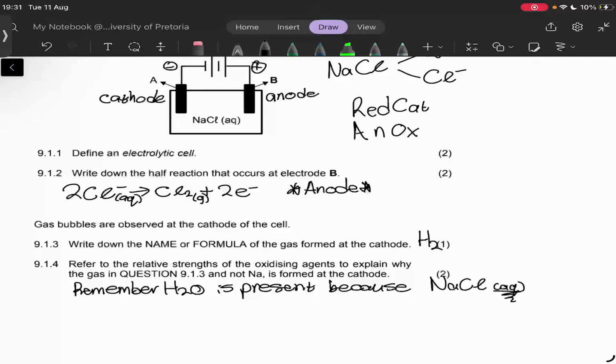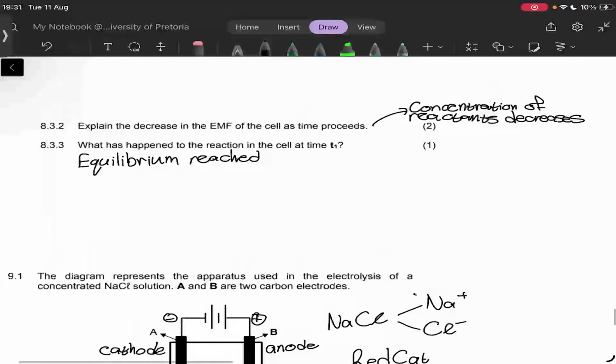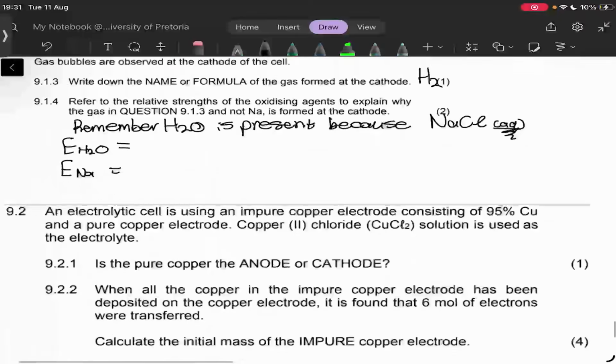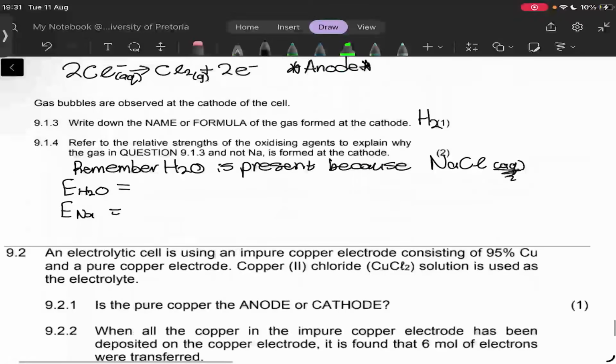Cool. Let's get the electrode potential of H2O. Let's get the electrode potential of sodium. What's the electrode potential of water, guys? Let me find this earlier. I swear we did. Yeah, I'm just going to have 1,23 there. And then for sodium, that is going to be minus 2,71.